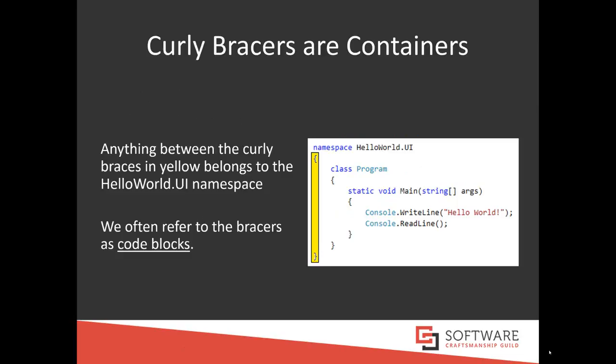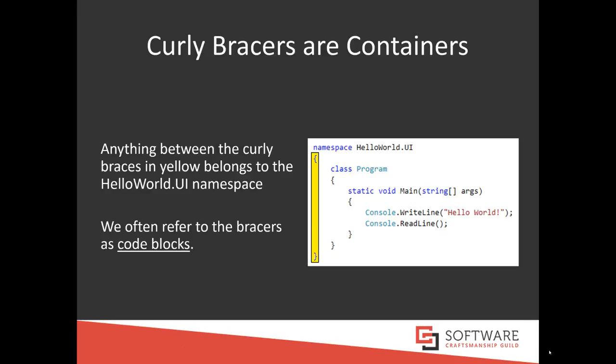After the namespace declaration, we have curly braces, and I colored these yellow in the diagram because this is a very important concept in C#. Anything that exists between curly braces belongs to the containing statement. So in this case, we have namespace HelloWorld.UI, then a set of curly braces.